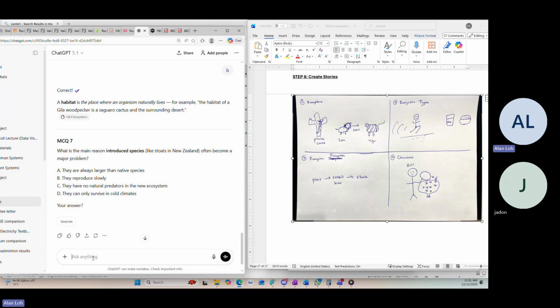Okay, drawer 3. Yes. Which answer? C. Hmm? C. C.